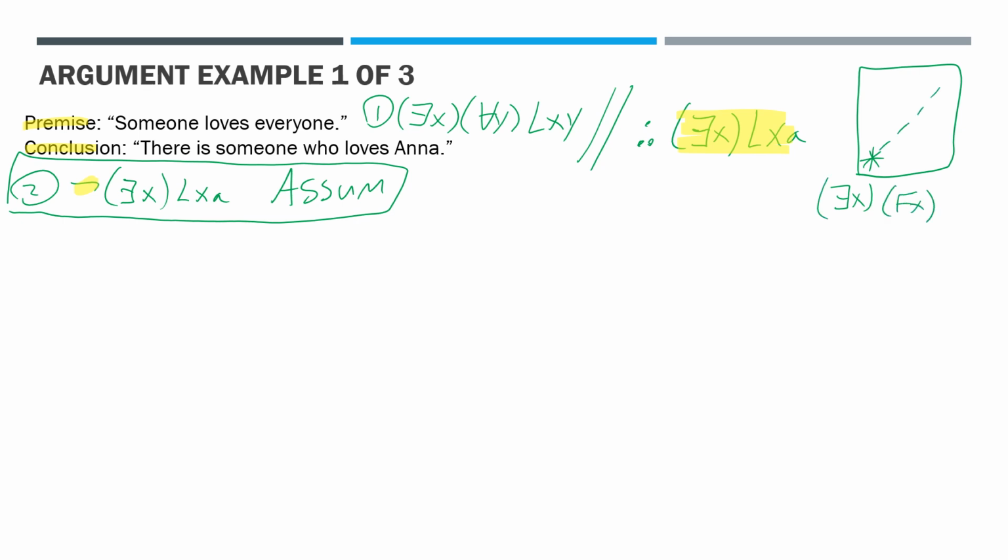And that is contradictory to a negative universal sentence. For all x, x is not an f. Because we are denying this particular affirmative sentence, we could affirm the negative universal. Hence, for line 3, we can get for all x, it is not the case that Lxa. So change of quantifier rule with line 2.